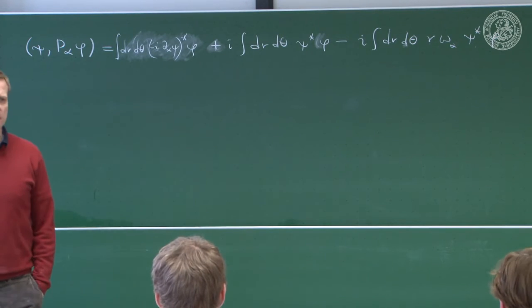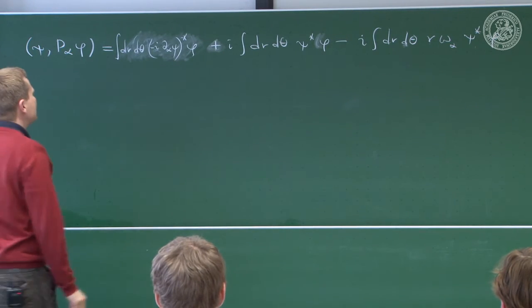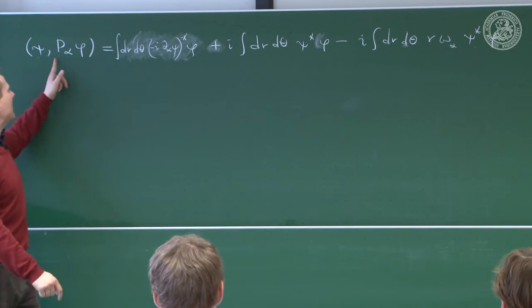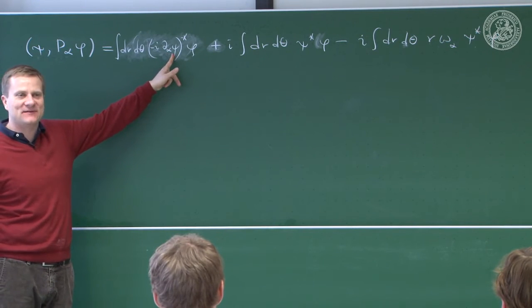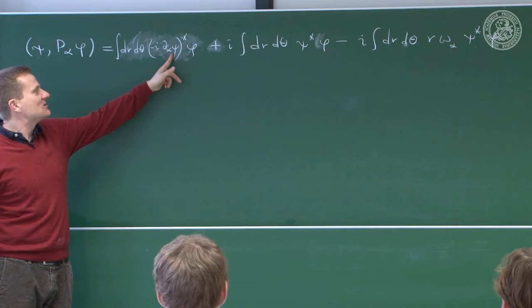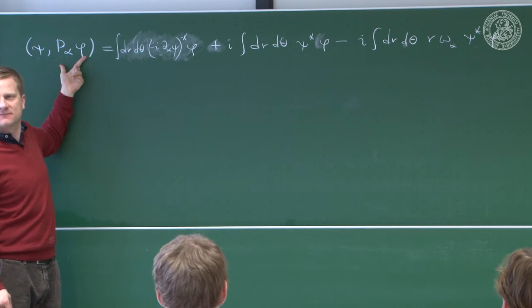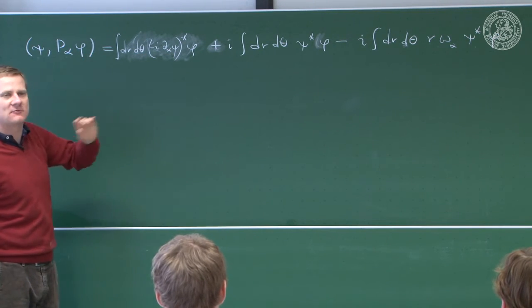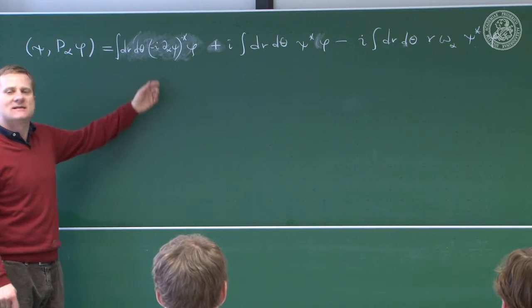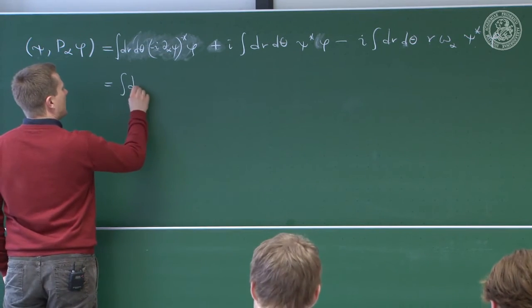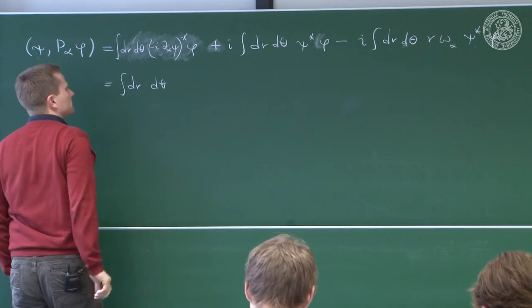Agree? Now the problem is this isn't p alpha psi, because the p alpha now has an extra term if it acts on a psi. Okay, so I prematurely identified this with what I wanted, right? Okay, great result, unfortunately wrong. So let's do it right. Okay, so this is dr d theta.